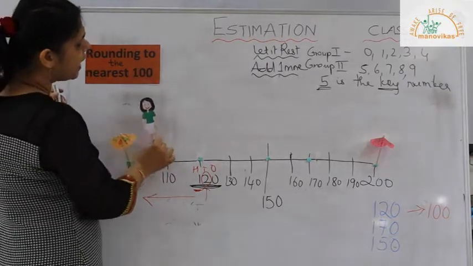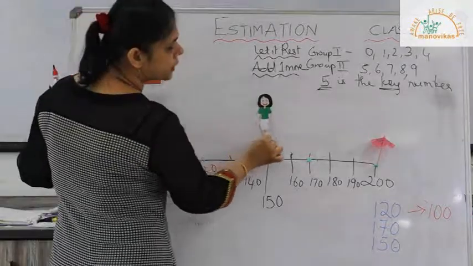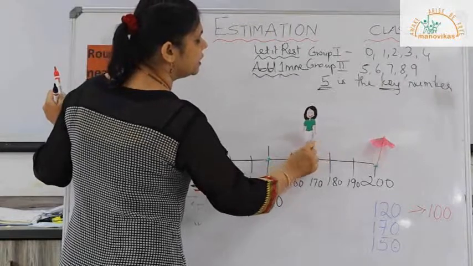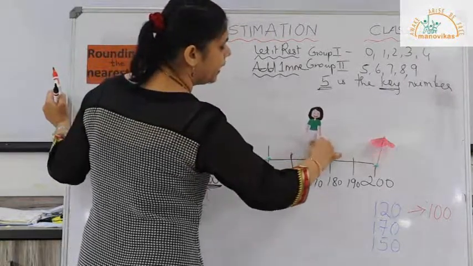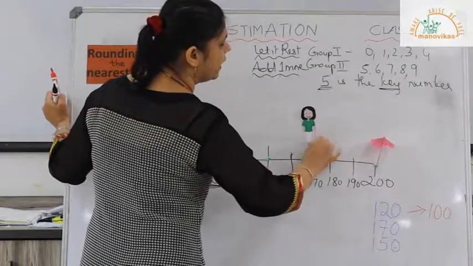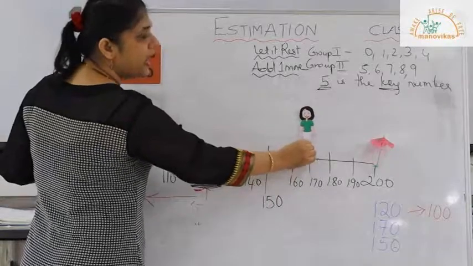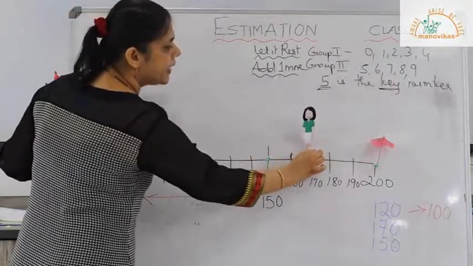Here, Tina again has gone for a morning walk. She reaches number 170. Again, when she reaches 170, it starts raining heavily, and Tina waits here at 170 and looks for some shade. She looks on the side and the other side.